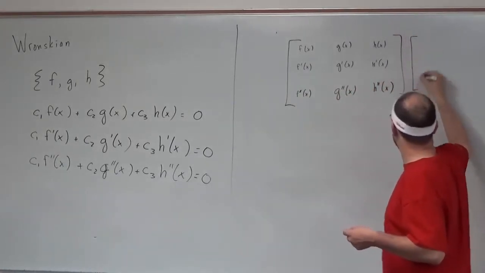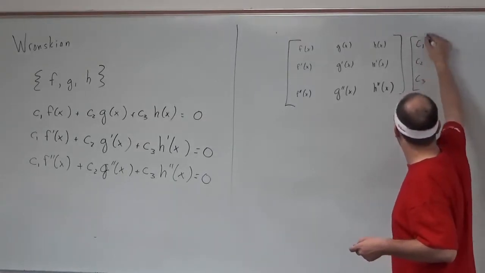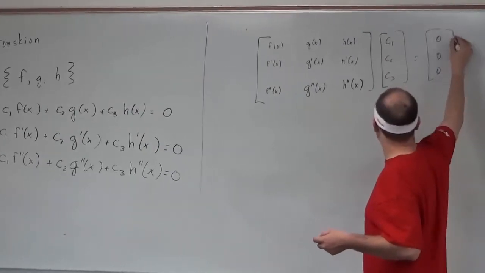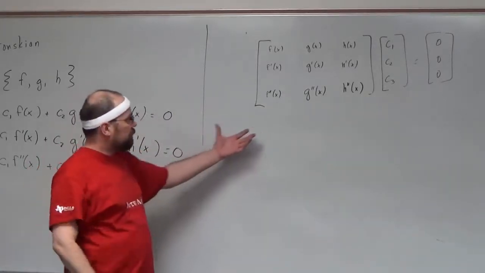And then you have your unknowns, which are the coefficients in our linear combination. And that's equal to the right-hand side, which is all zeros.